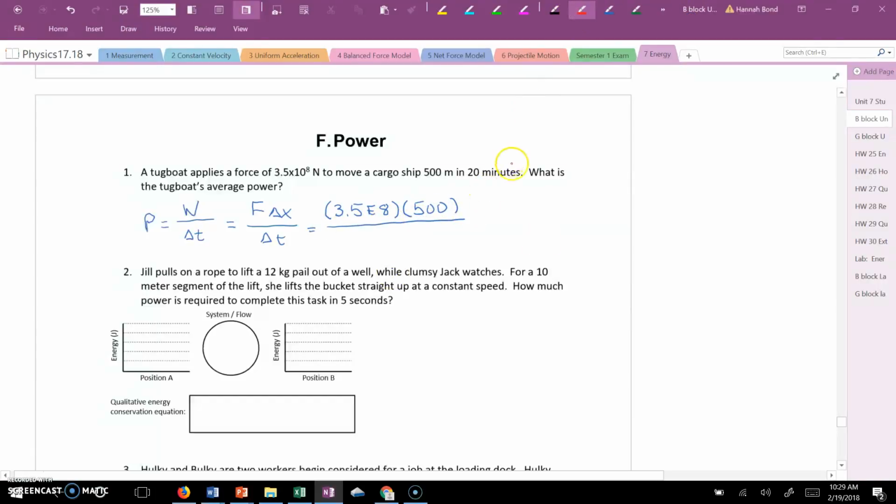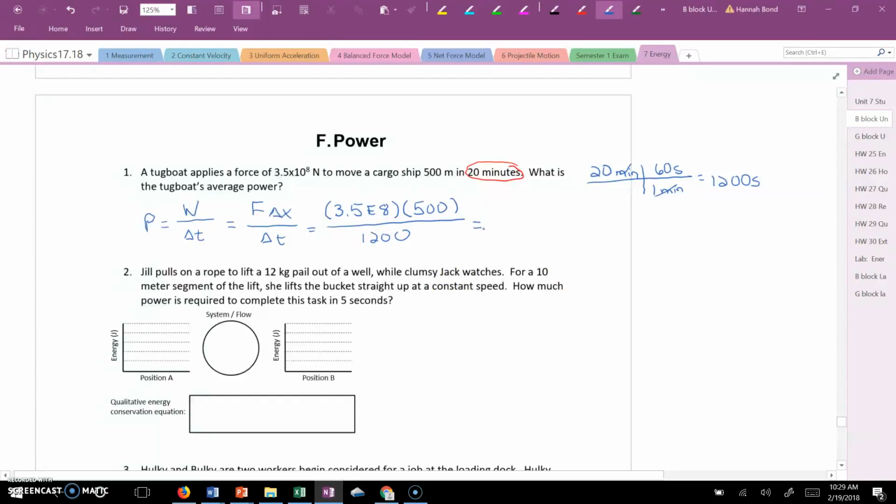Here's where our units are not in standard units. They're giving me 20 minutes, and I really need seconds. So 1 minute is 60 seconds, and so 20 minutes is 1,200 seconds.